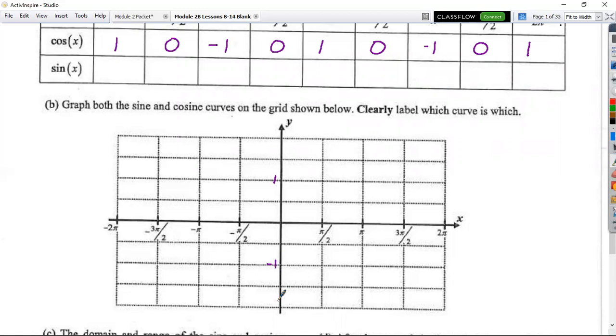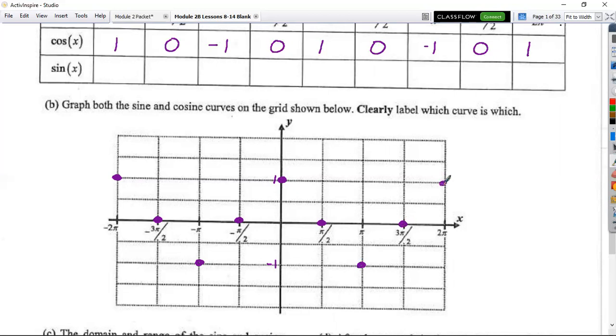So you're going to go negative 2 pi and 1. And we are going to graph negative 3 pi over 2 and 0. And negative pi, we are at negative 1. And 0. And 1. Back the other side too, you're going to repeat the same exact pattern. And then you're going to impress me with your artistic ability here and draw a cosine curve.